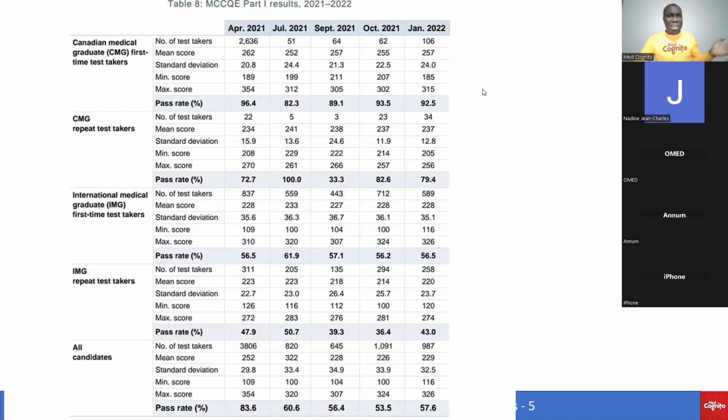People have even gotten less than 240 and have still gotten interviews. So you realize that the mean score among Canadian medical graduates is really high. But if you come to international medical graduates, the pass mark is 226, and the mean score among international medical graduates is 228, 233, and after that, 227, 228, 228. So just 2 points above the pass mark.